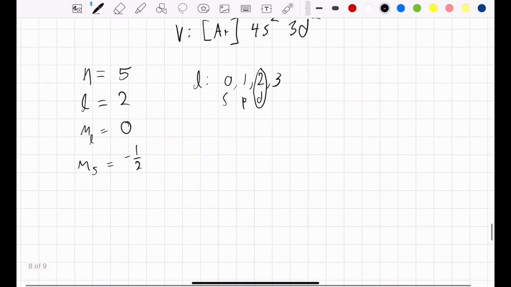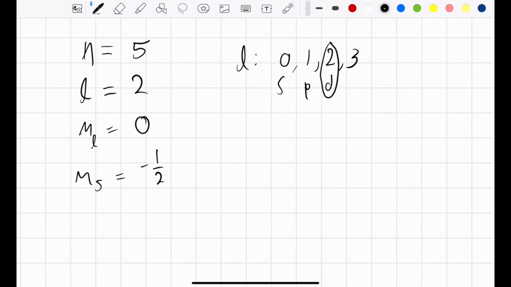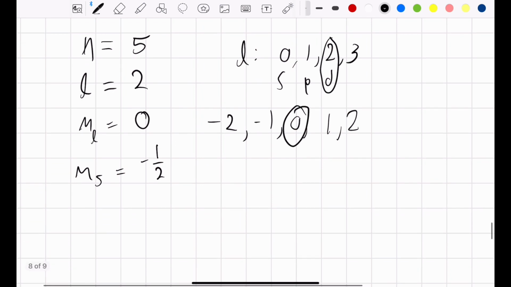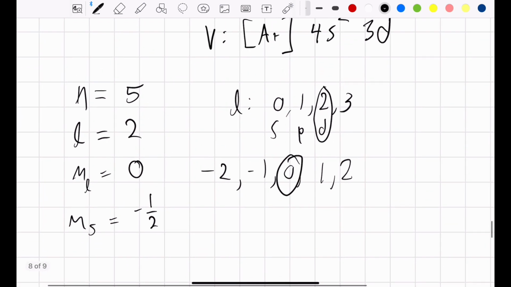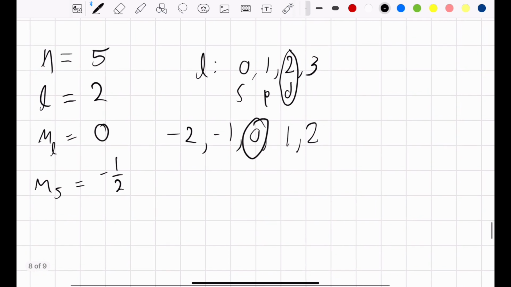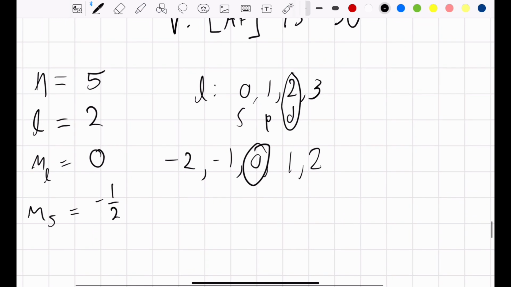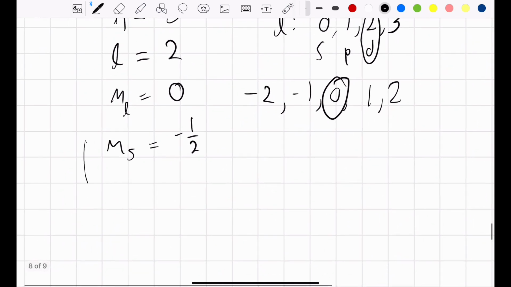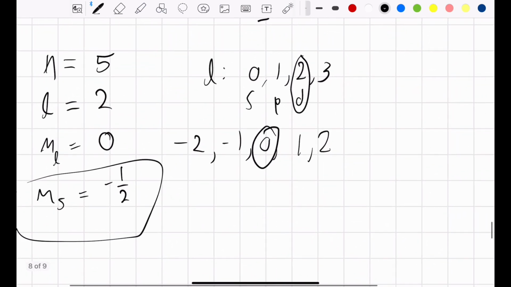And we also know that the ml quantum number is equal to 0. And this means that we have -2, -1, 0, 1, 2 orientations, and out of all of these, we're just working with 0 orientations. But since we have 2 electrons in each orbital for our subshell, we're going to have to consider the ms value as well. But first, let's look at ml.